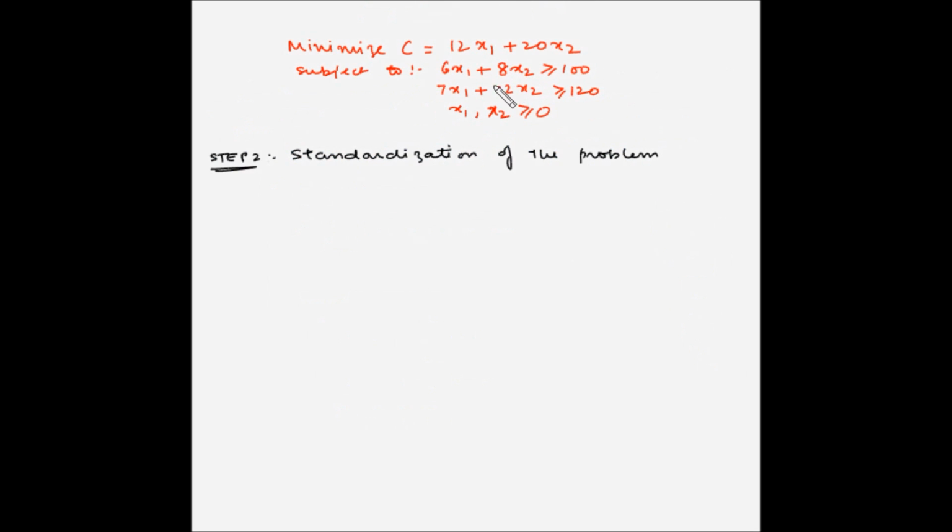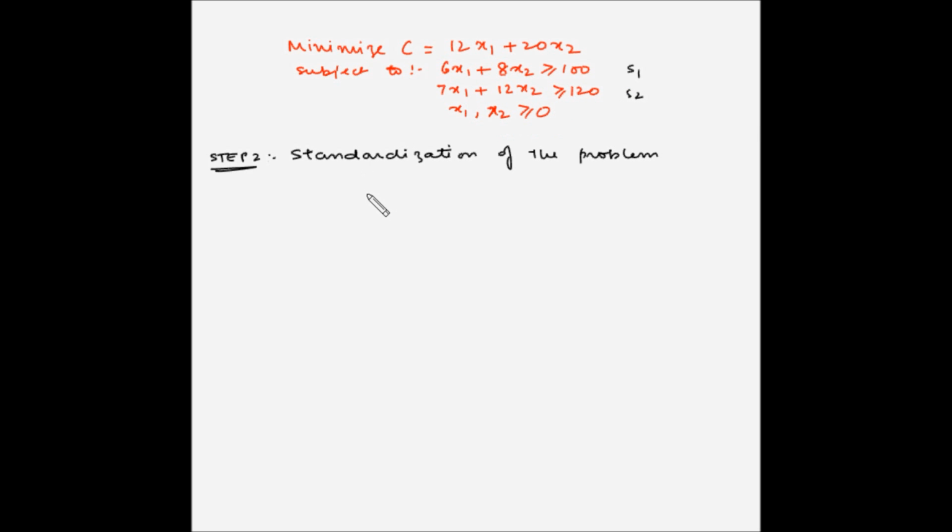Now in order to standardize this problem, our constraints have greater than or equal to sign. So on the left hand side we have to reduce the surplus by subtracting variables s1 and s2.